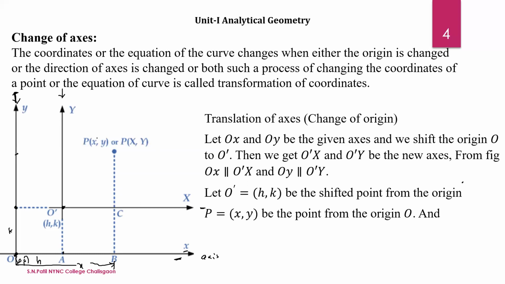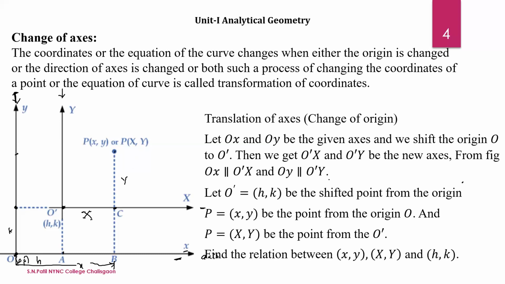Now capital X and capital Y are the distances from the shifted point: capital X from O dash to C, and capital Y from C to P. Now we find the relation between small x, y and capital X, Y.